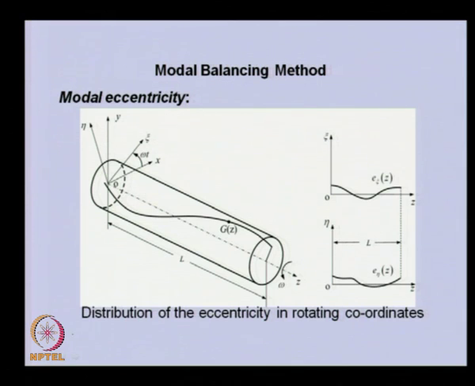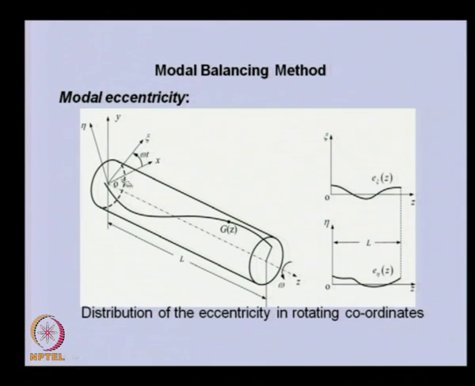Before going to the modal balancing method, let us see the concept of modal eccentricity, because earlier we introduced the concepts of modal mass, modal stiffness, and modal forces. Now, this is the modal eccentricity. You can see there is a flexible rotor in which continuous variation of the eccentricity is taking place.